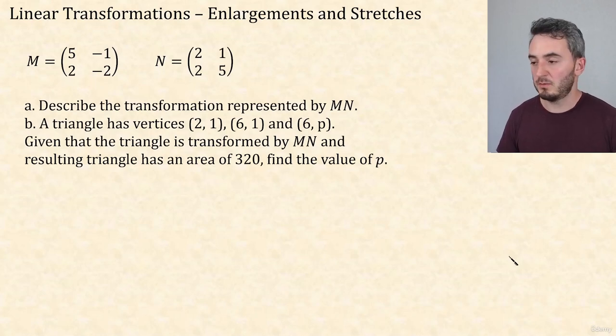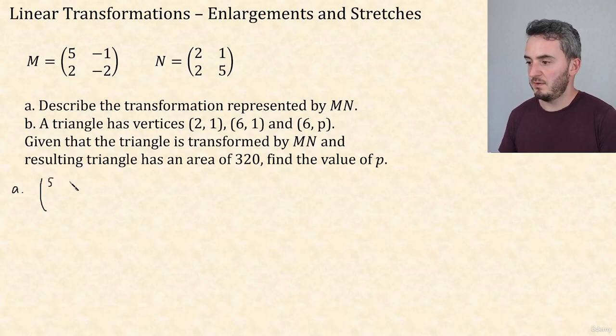Okay, let's have a go at a little problem here. So describe the transformation represented by MN. Well, let's see what MN actually is. So we've got 5, minus 1, 2, minus 2. We multiply that by 2, 1, 2, 5.